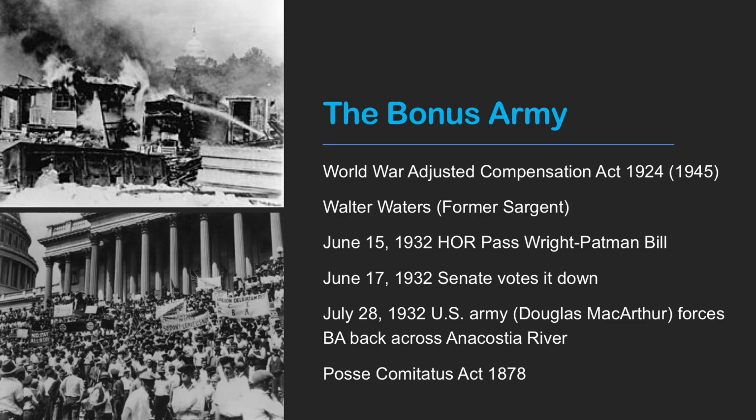What is starting to happen, though, is within this group of men, the majority of them legitimate veterans of World War I, some anarchists, communist elements are coming in here. Some people are riling up the group.